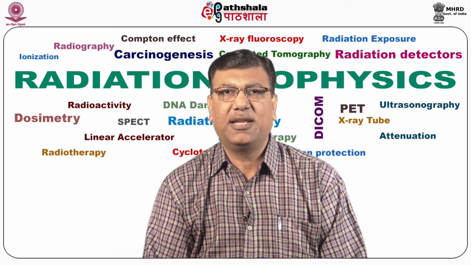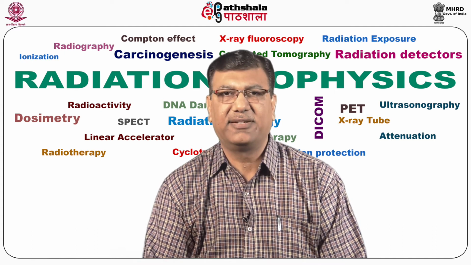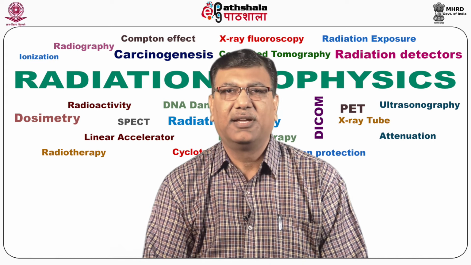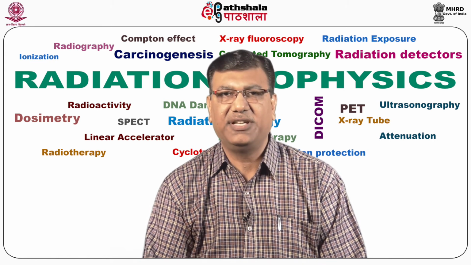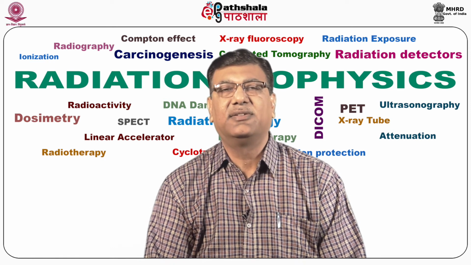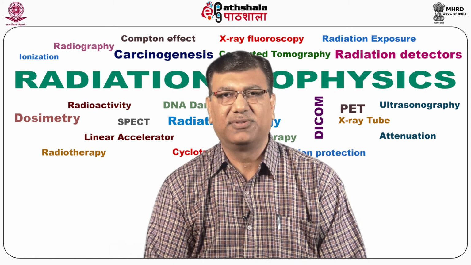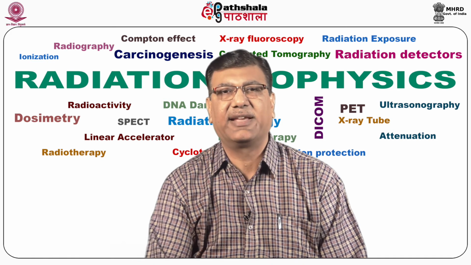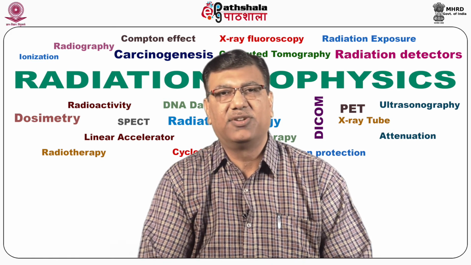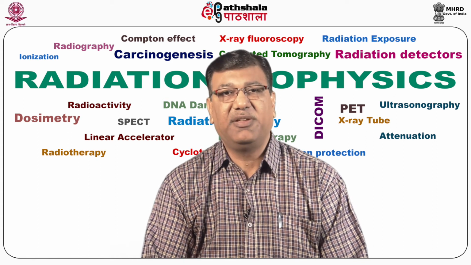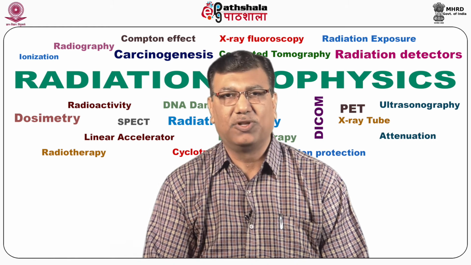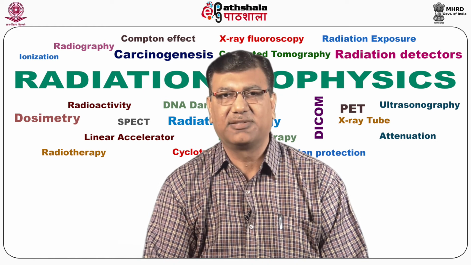The second teletherapy machine is the linear accelerator, which is nothing but a high energy X-ray machine, where the energy of the photons coming out is in the range of MeV, and the size of the source is comparatively small.